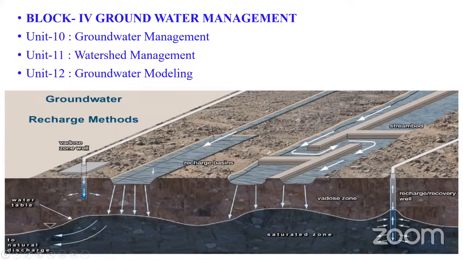For quantity, we have to limit pumping hours and improve rainwater harvesting recharge methods. That is how we will manage groundwater. That is only the management of groundwater. In these slides, we are going to cover these methods in detail.